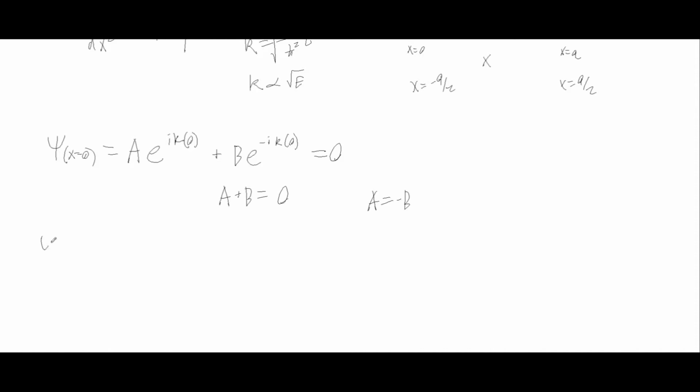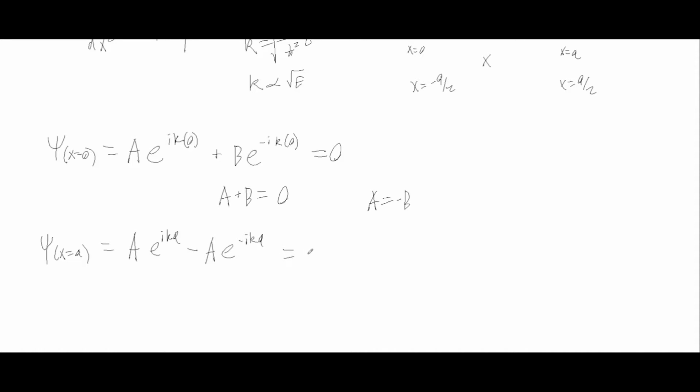So if we want to figure out at x equals a, then this will be a e to the i k a, and substituting in, since b equals minus a, this plus becomes a minus: a e to the minus i k a.